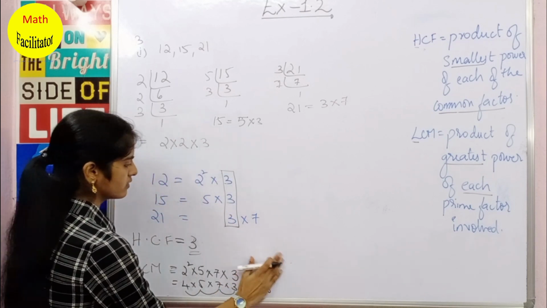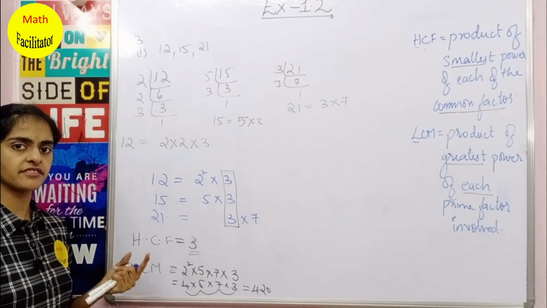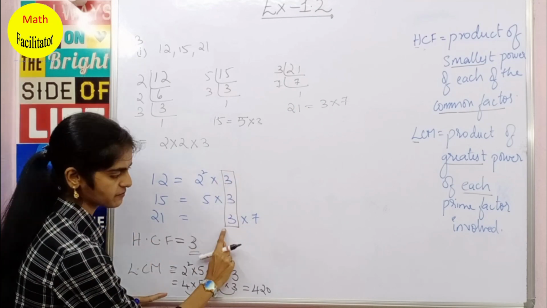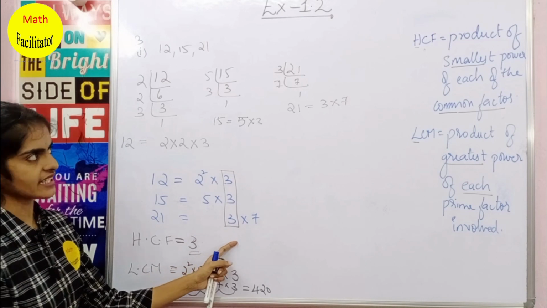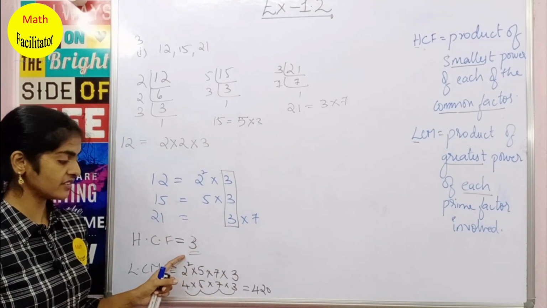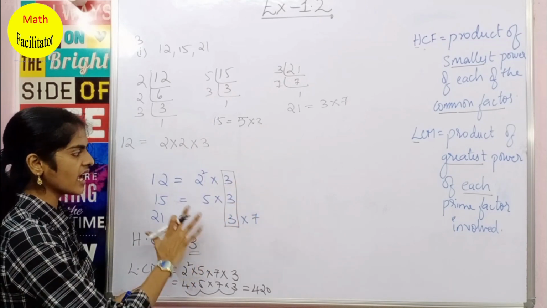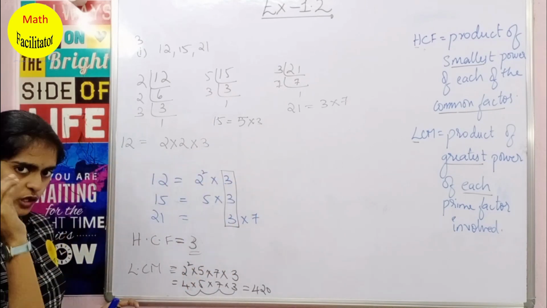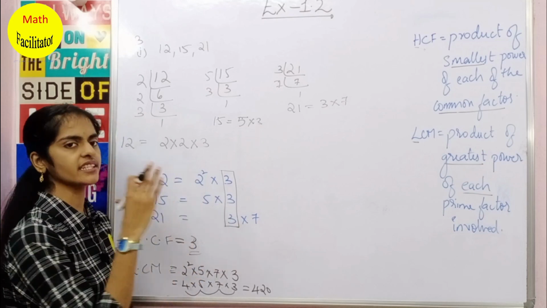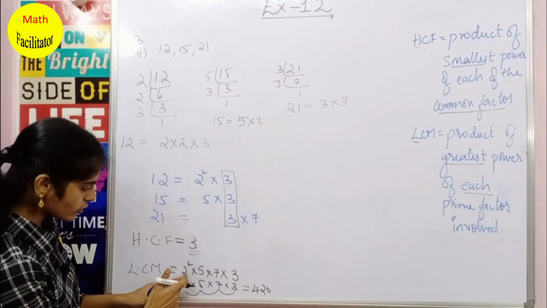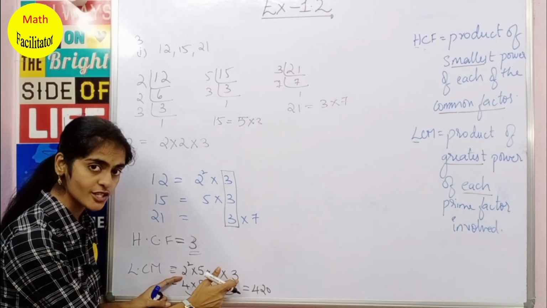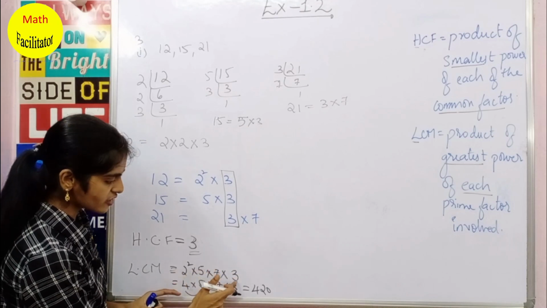Understood my point? For HCF, firstly you take the common factors, and among them you take the smallest power. For LCM, you consider all the factors, and if any factor is common, there you take the highest power. Now out of all the factors, 3 is common.